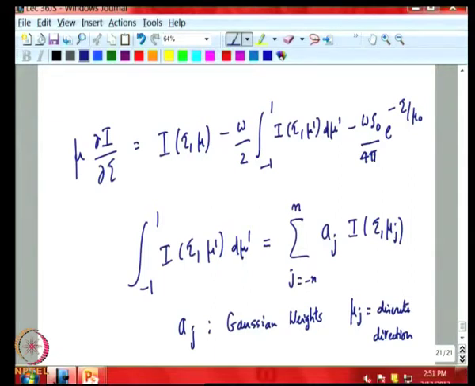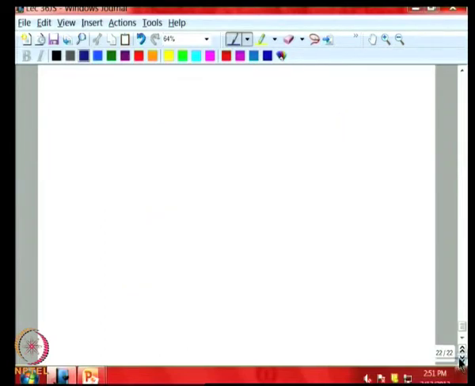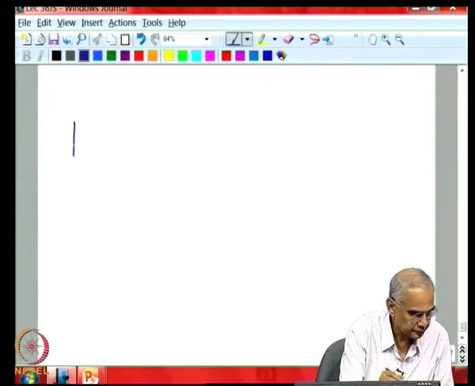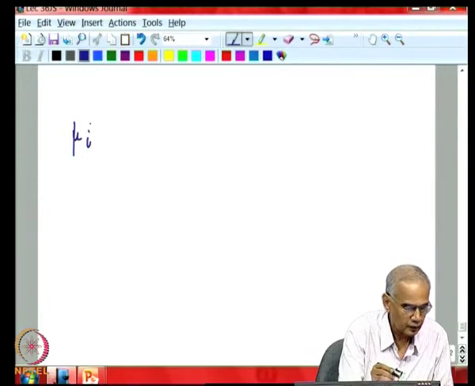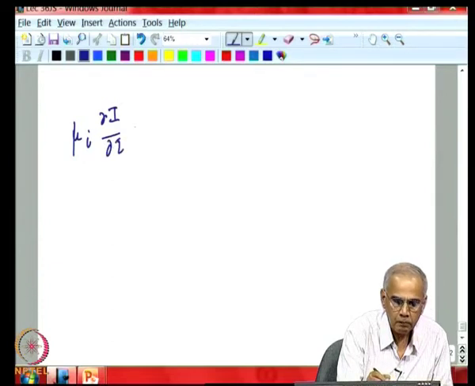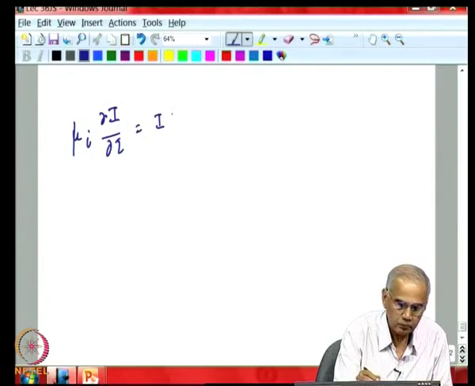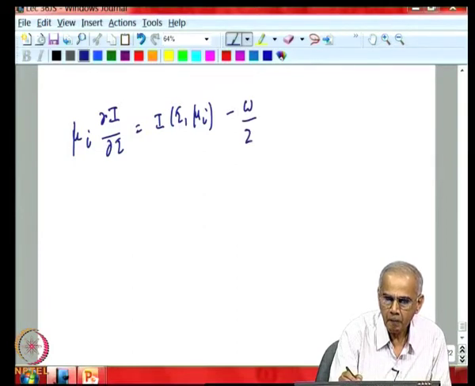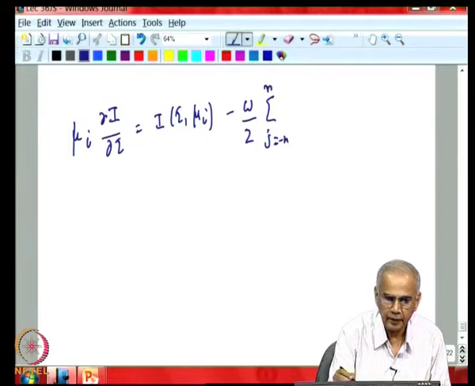Now, once you substitute this back here, let us do that to make sure we understand what is going on here. Once substituted, you will get the following equation. So, this is the integral I have replaced now by summation.